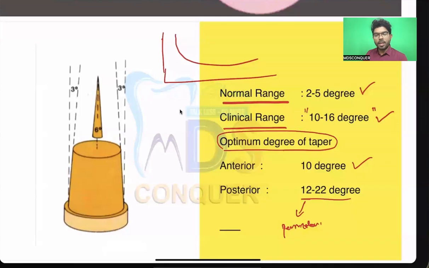Regularly, a 0 degree taper is going to have the most retention. When the taper is 0, which is clinically not possible, it is going to have perfect retention. As the taper value increases, retention is going to decrease, and at a particular level, it is going to become constant.